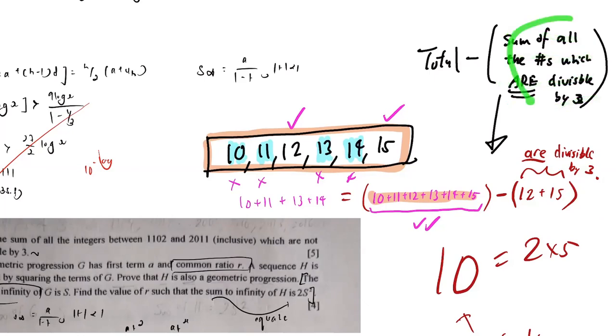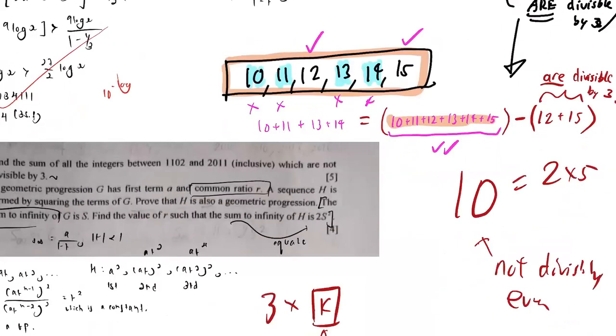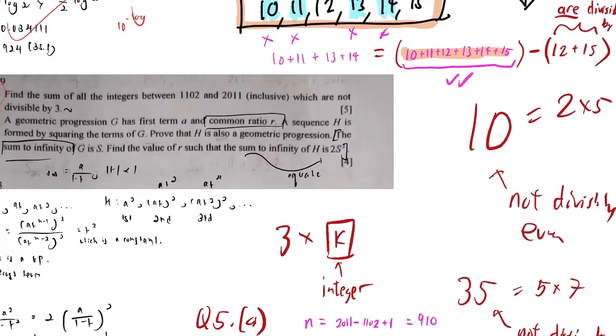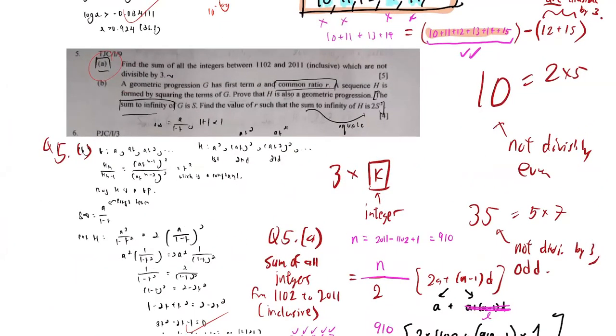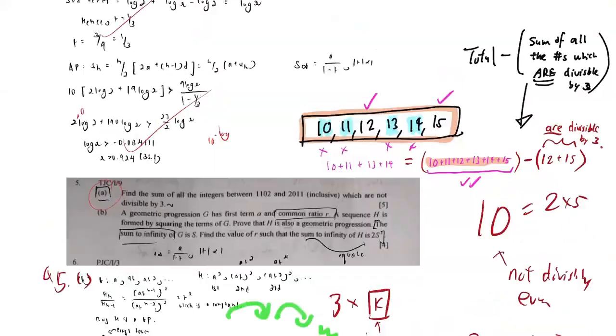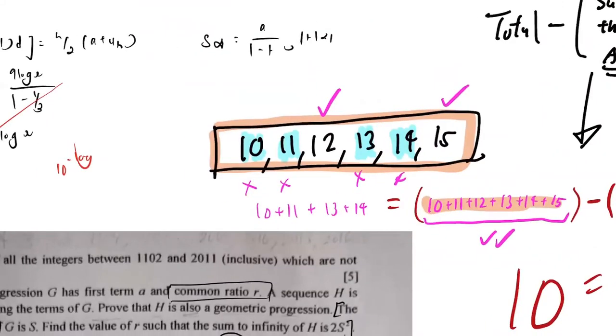Okay, so now our goal is to find the sum of all the numbers which are divisible by 3. How do we do that? It actually just means that you need to find your first integer that is divisible by 3 within this interval, and then the common difference is 3, right? How did I know that the divisible numbers are 12 and 15?